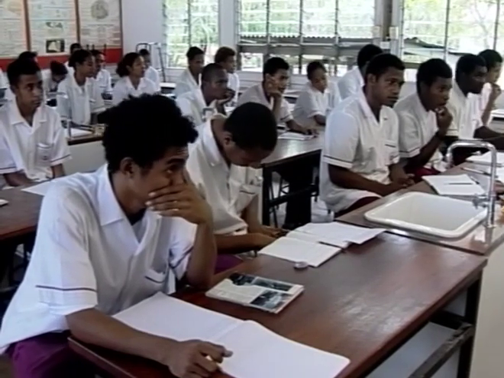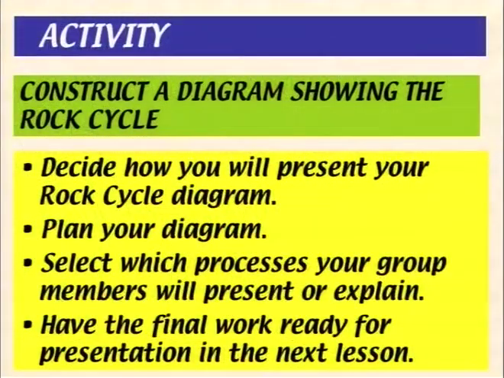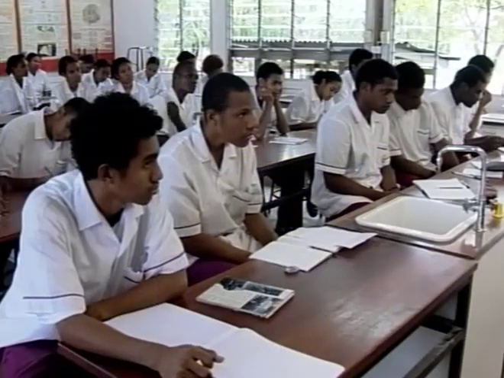Okay. Your task is to construct a diagram of the rock cycle. Your diagram must include the different processes that we have already covered. You will need a chart or 2, depending on how much information you will put.